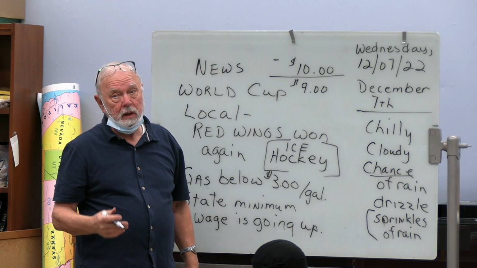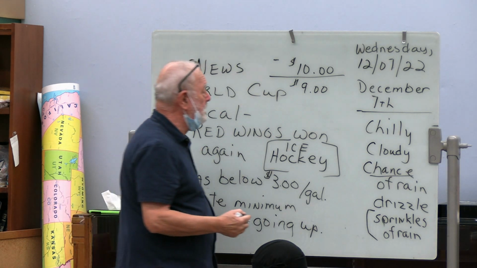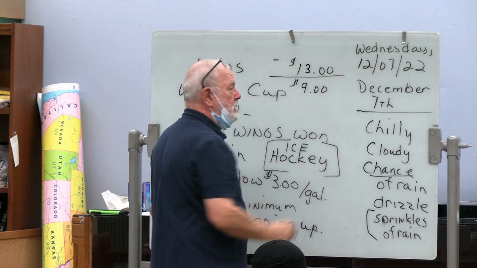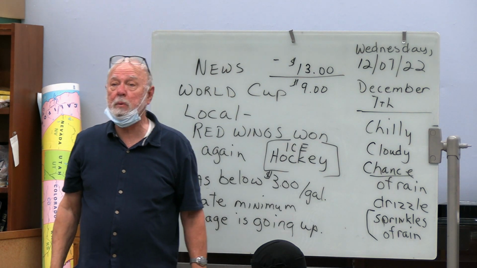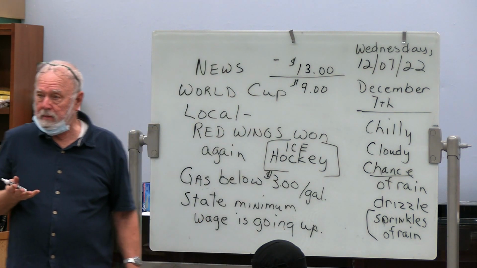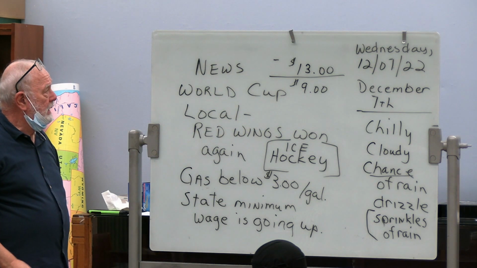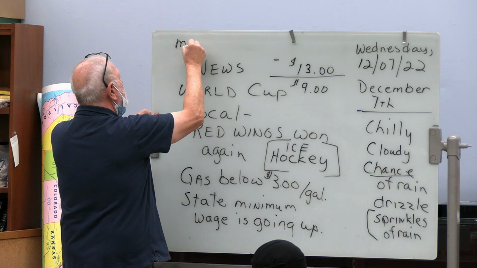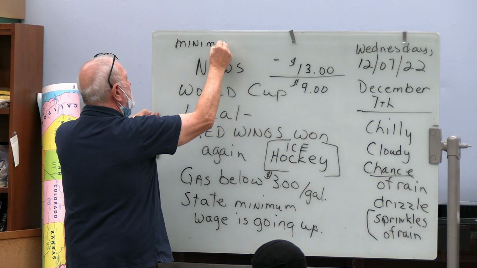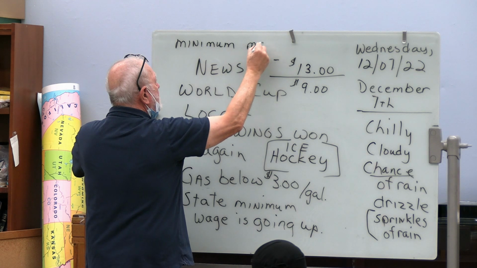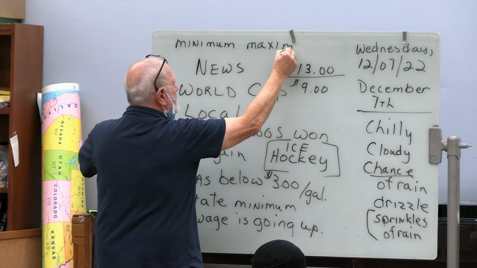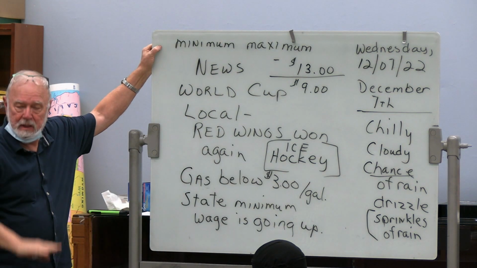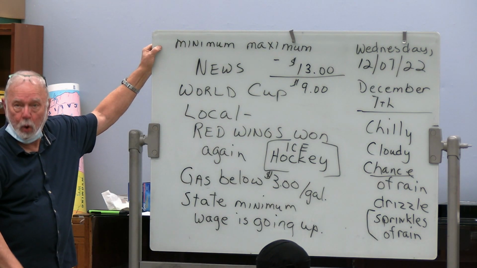Then in February, it goes up again, something like this. In February, it will go up again. Minimum is down, the lowest you can go.